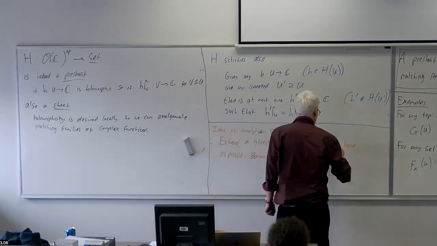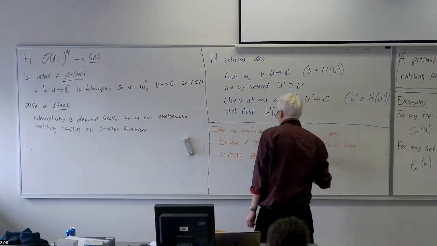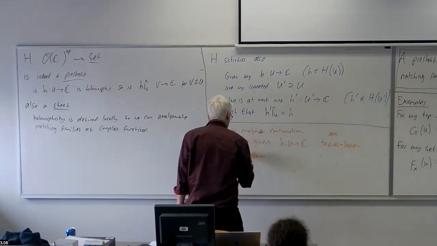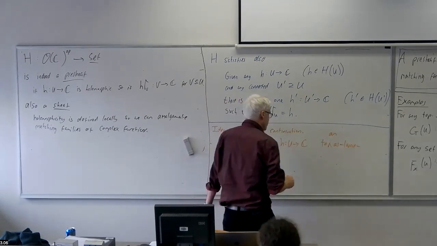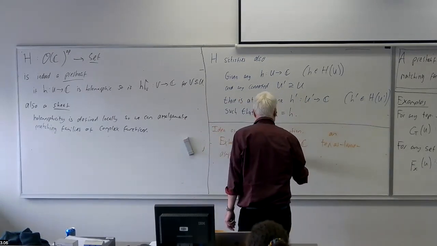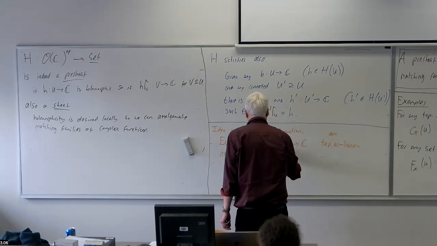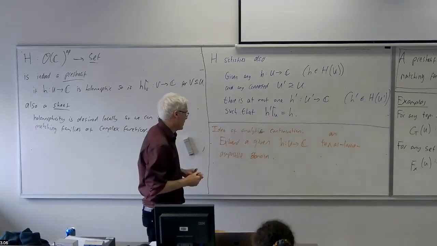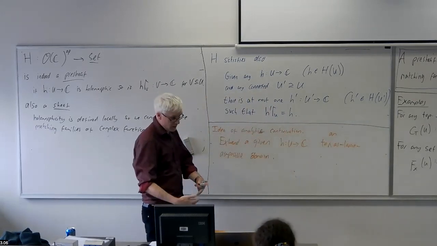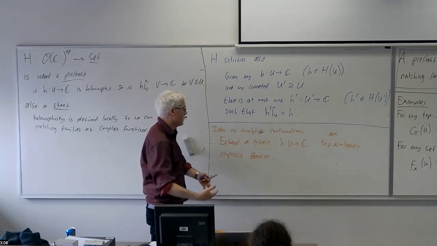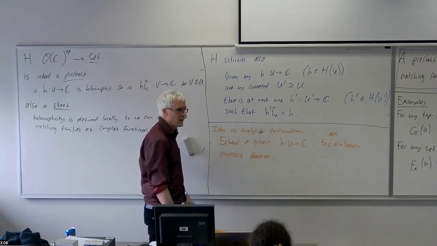So it should really say to an as-large-as-possible, hyphenated, because I've turned it into an adjective, connected domain containing U. But I won't. This is the idea which works for the Riemann zeta function. Given a function that's defined locally, we want to extend it as far as we possibly can.